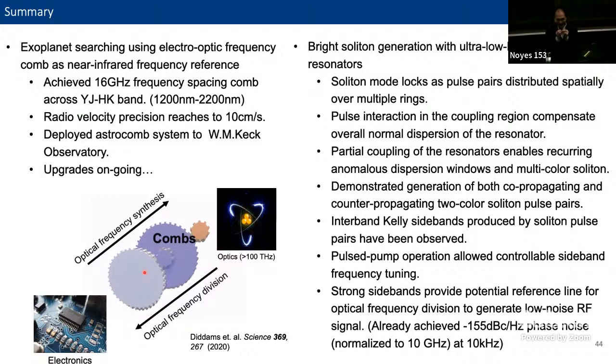And as you go to the visible, there are commercial off-the-shelf choices for modulators, but the difficulty of using them increases because there are fewer choices. So it's kind of commercial availability versus reliability, laboratory grade devices.